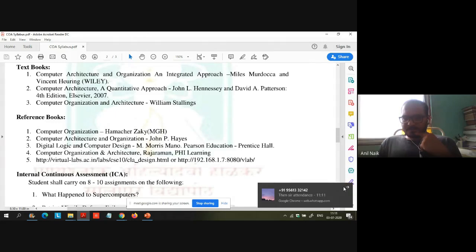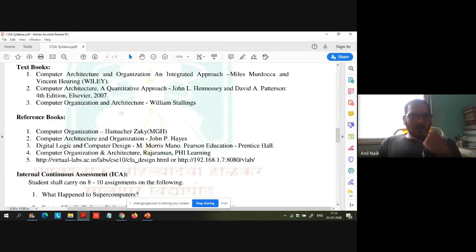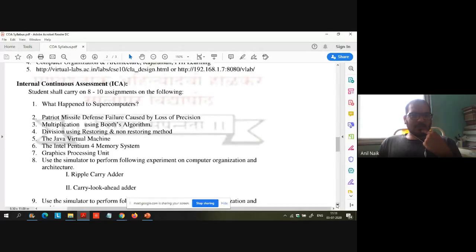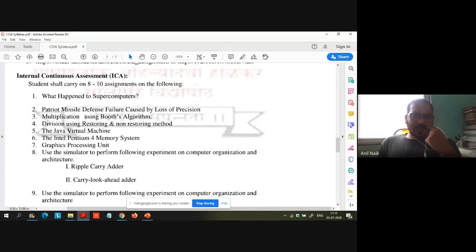Then reference books. Then you are having a tutorial for this subject. The tutorial is for students, who can carry 8 to 10 assignments.